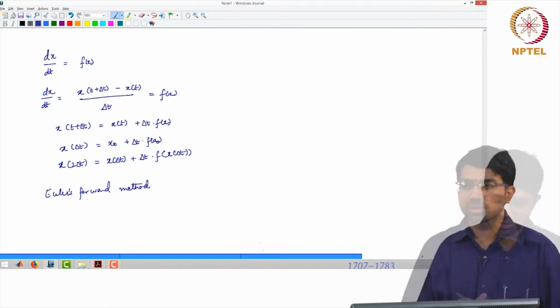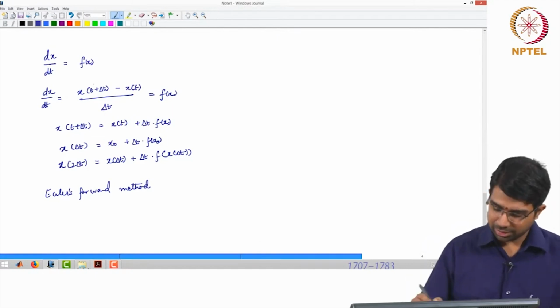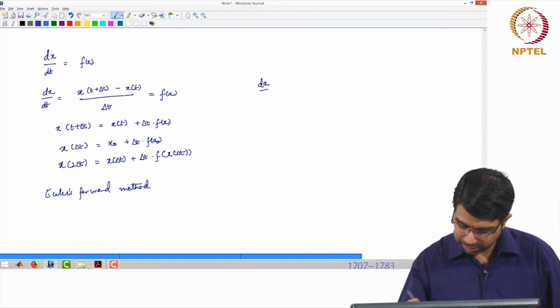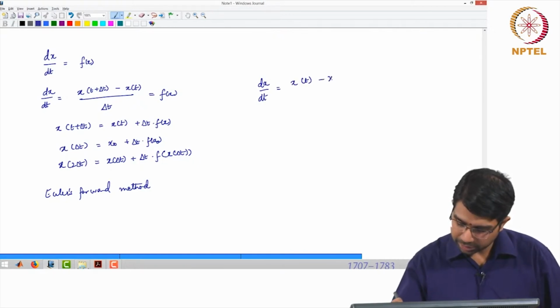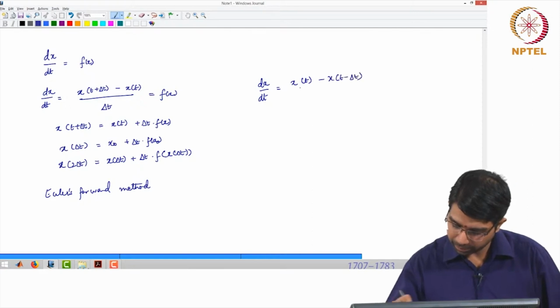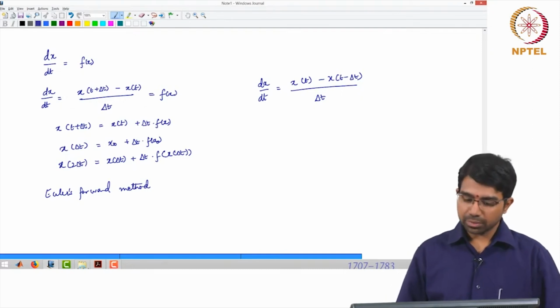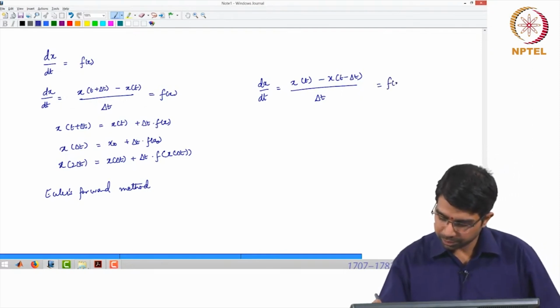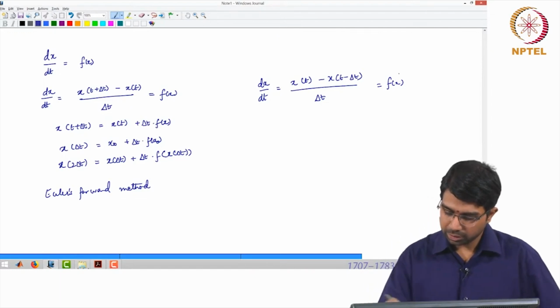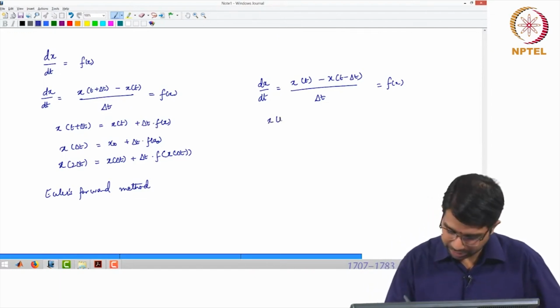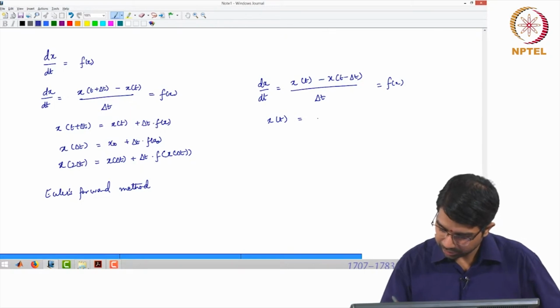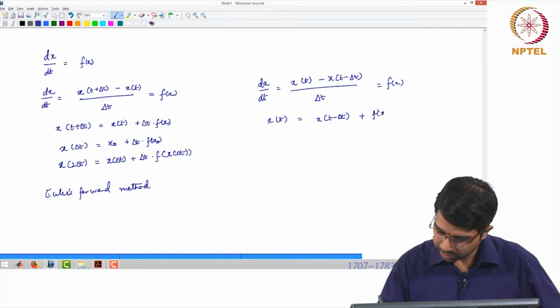There is also Euler's backward method. What do you think that is? You just have a small variation here. So, instead you say dx by dt is x of t minus x of t minus delta t by delta t. So, now the interesting part is x of t is x of t minus delta t plus f of x into delta t.